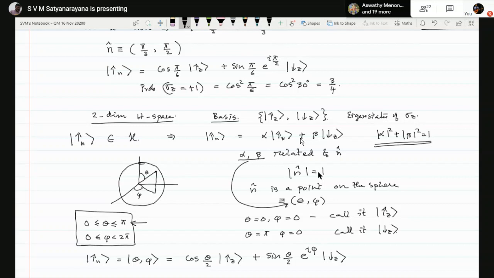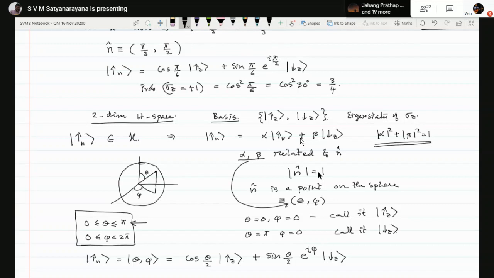Now, if you take theta equal to 0, you have got up z, and if you take theta equal to pi, you have got down z, and any other value gives a combination of up and down. Now in this problem, you are given that theta is equal to 60 degrees and phi is equal to a negative value.